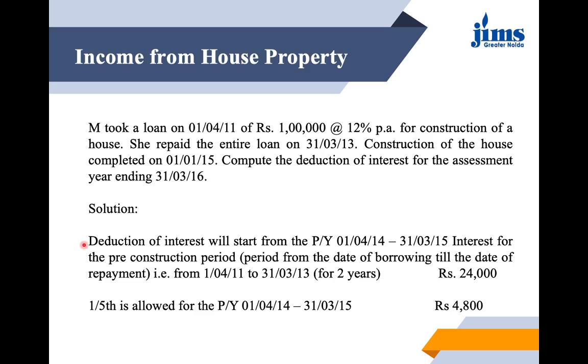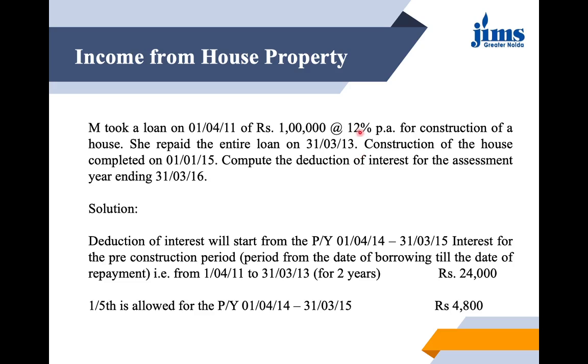See, deduction of interest will start from the previous year, 1st of April 2014 to 31st March 2015. Interest for the pre-construction period basically here. So the period from the date of borrowing till the date of repayment, that is 1st of April 2011 to 31st of March 2013, has been given here. It is a period of 2 years, we can notice.